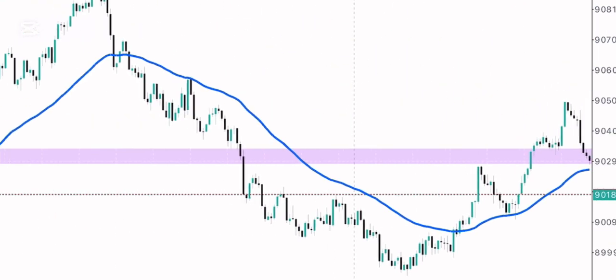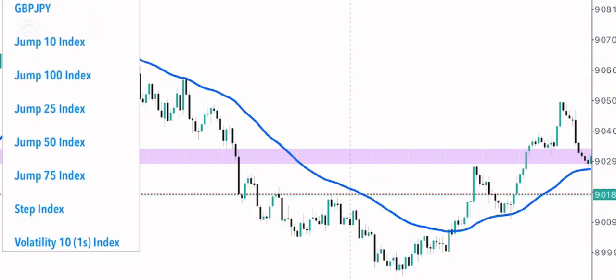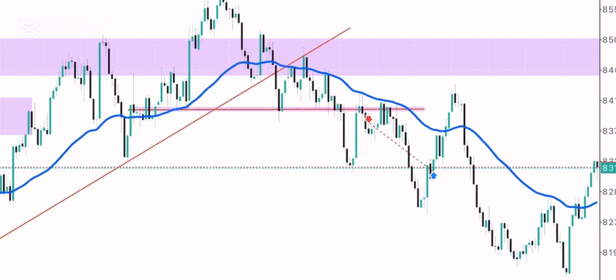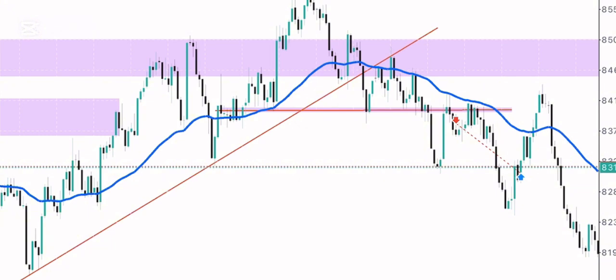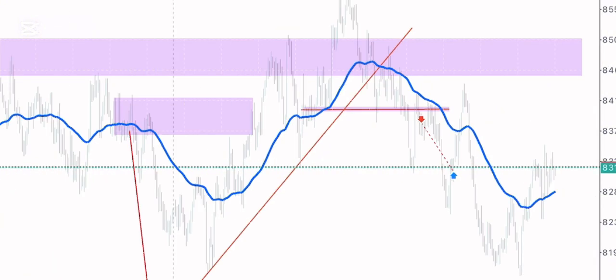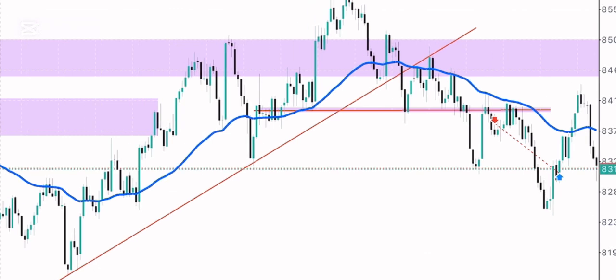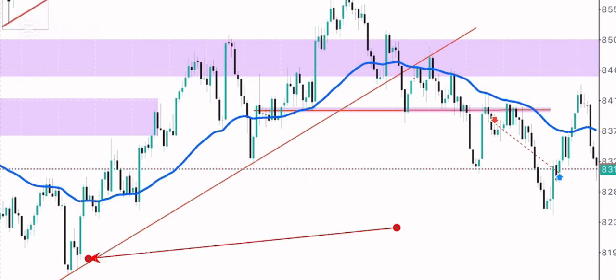Was it Jump 10? Jump 75. That's it. Okay, yeah, this is it. This is Jump 75. I took a trade like that today using this same setup. So this is it. Actually, you can see exactly what I said.